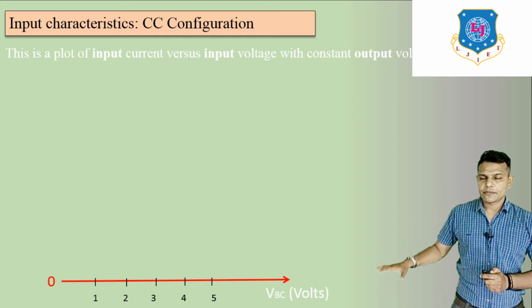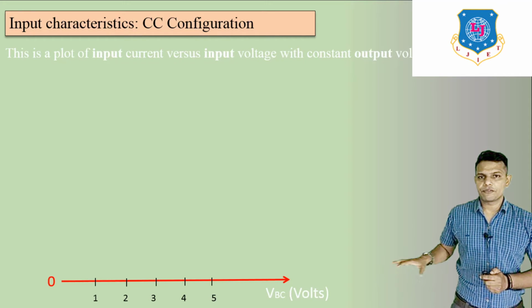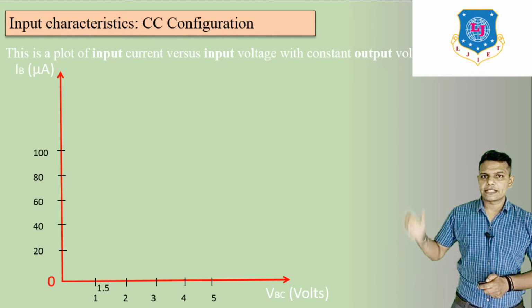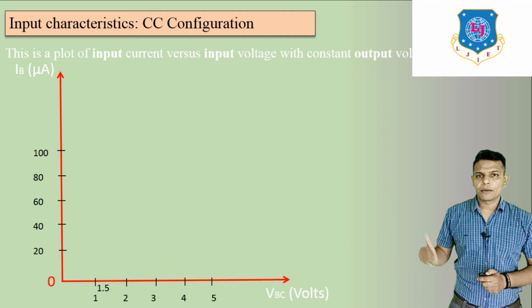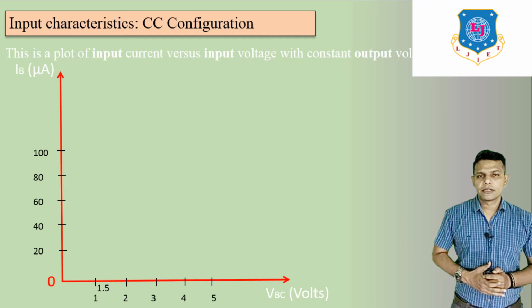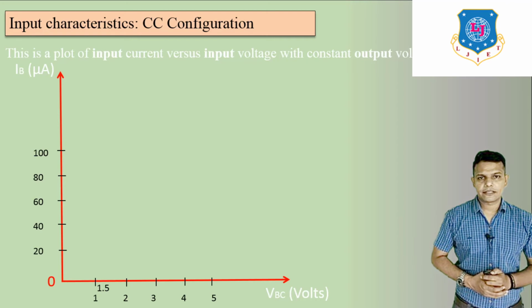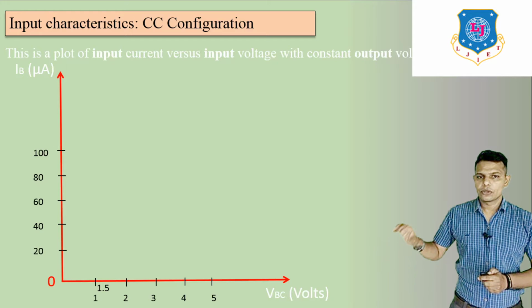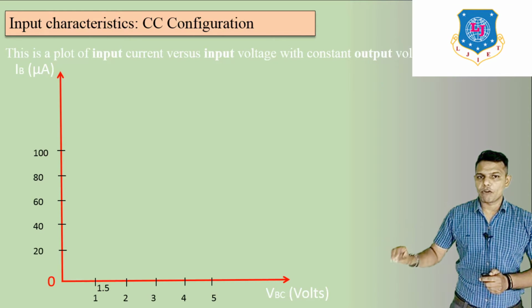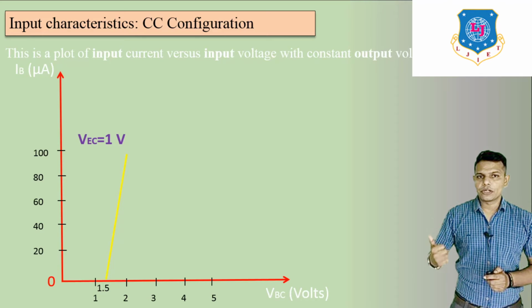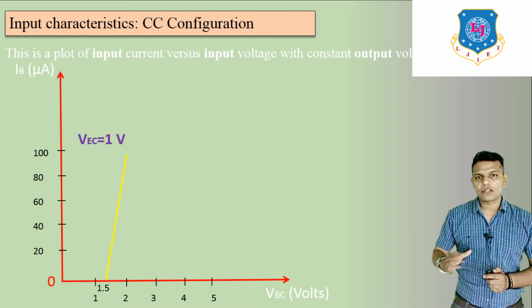So VBC is your input voltage, which is denoted in volts, and here you can see IB, which is your base current, or we can say input current, which is in microampere. It is on the y-axis. Now here we start at 1.5 volts, and we should take VEC equal to 1 volt constant.